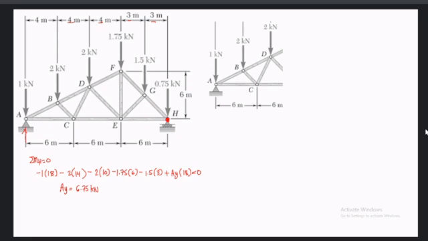Nakakalito yung problem na to eh. So, 1 times 18. Ito. 2 times 14. Tama. Negative 2 times 10. Tama din. 1.75, 1.5. So, tama naman. Ano sagot niya? Wala.